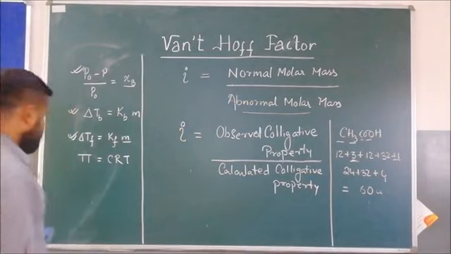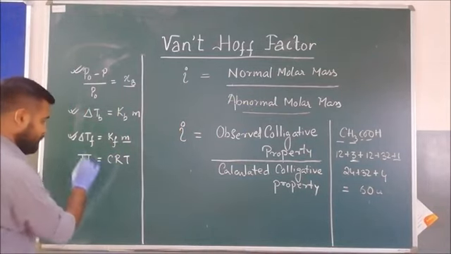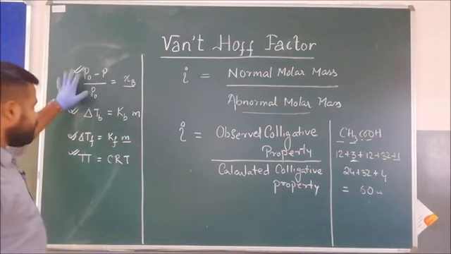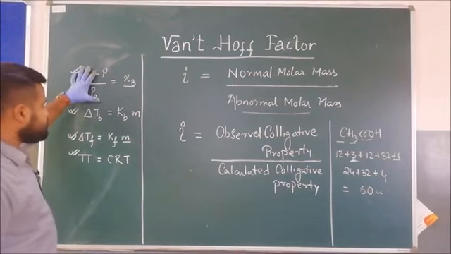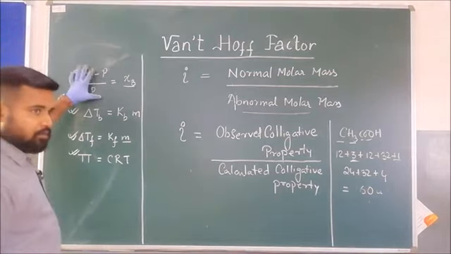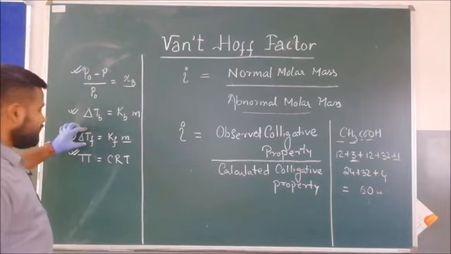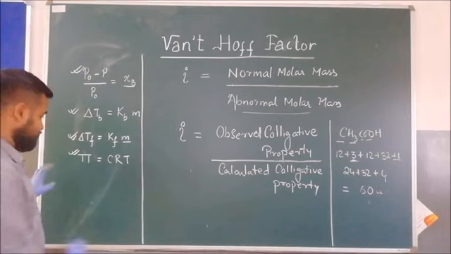Why? Because we know that there are 4 colligative properties: relative lowering in vapor pressure, elevation in boiling point, depression in freezing point, and osmotic pressure.